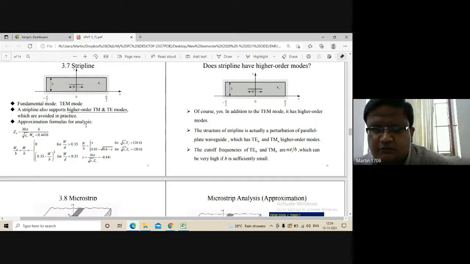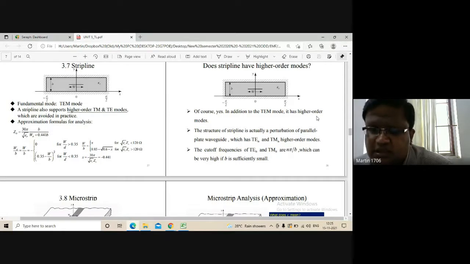Approximation format okay for analysis. So you can see, does the strip line have higher order modes or not?